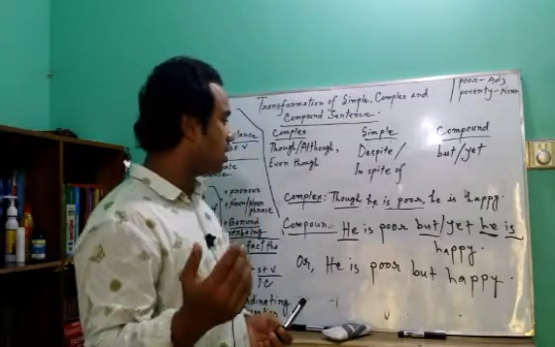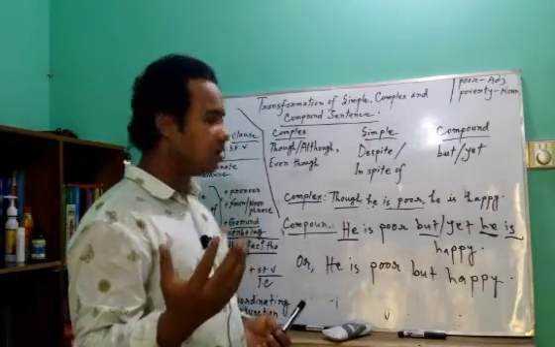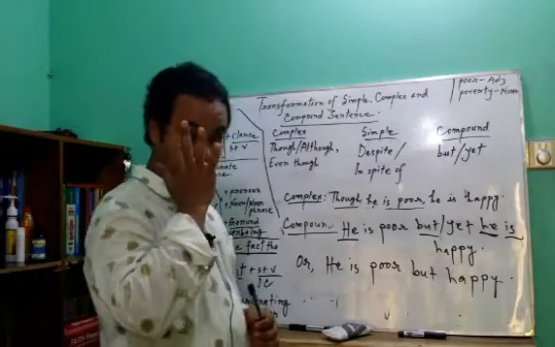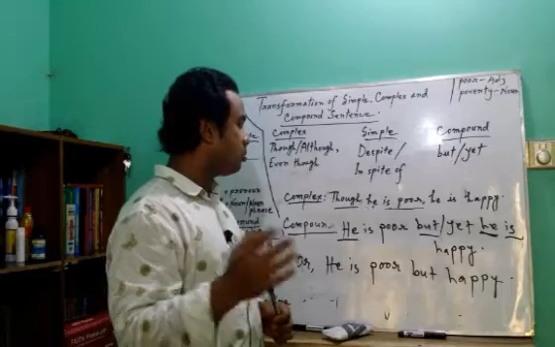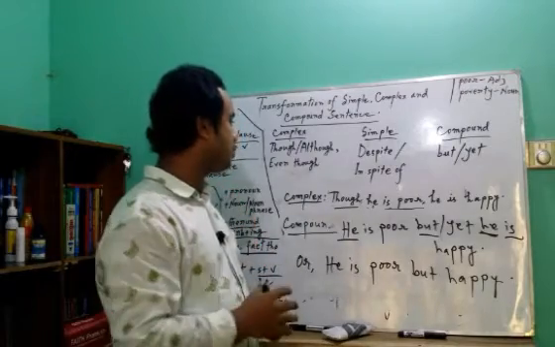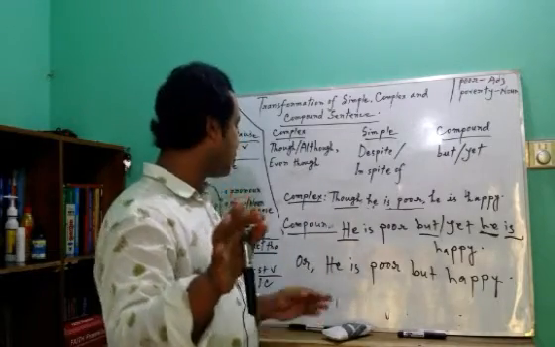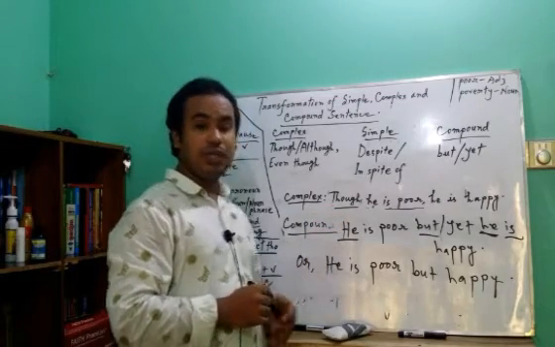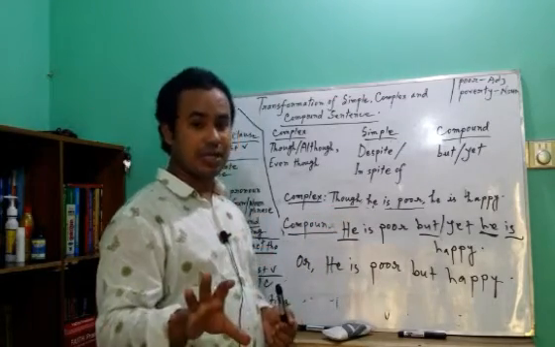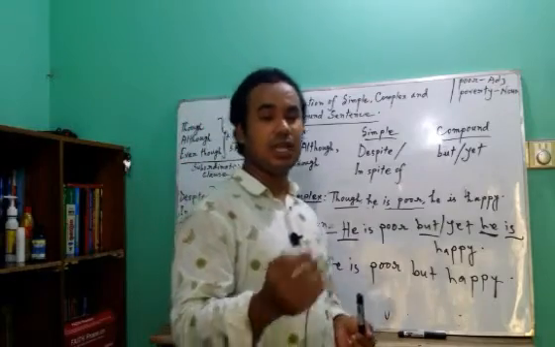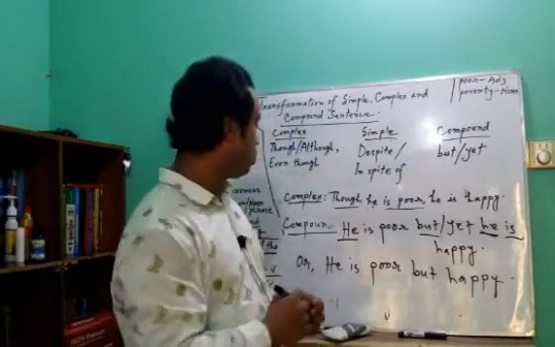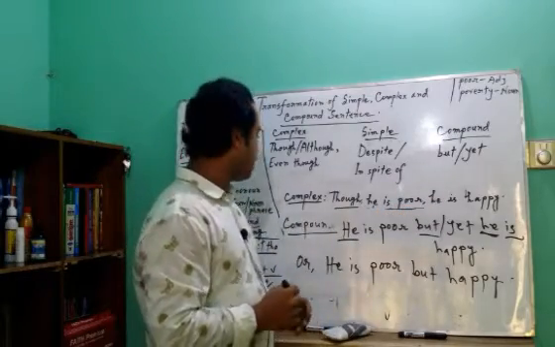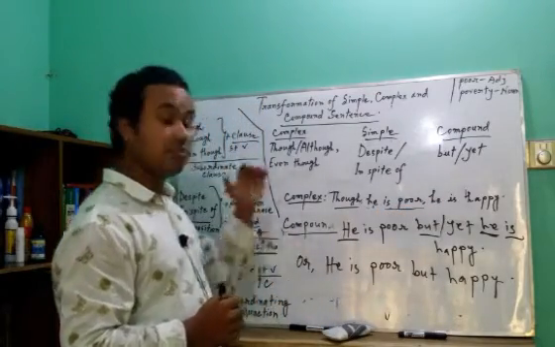Now let's do a little practice. I'm giving you an example. I'm telling you a complex sentence. Though he tried hard, he failed the course. Let's make this simple first.